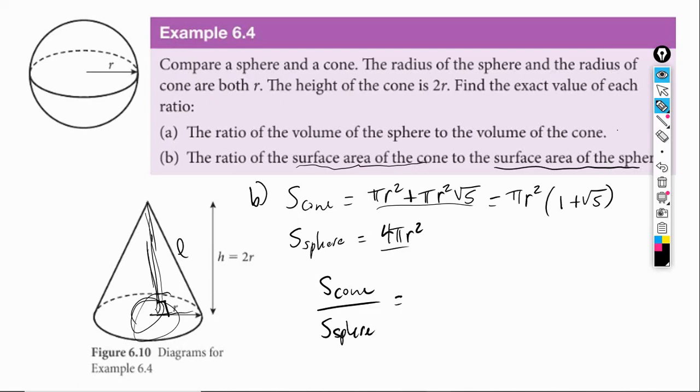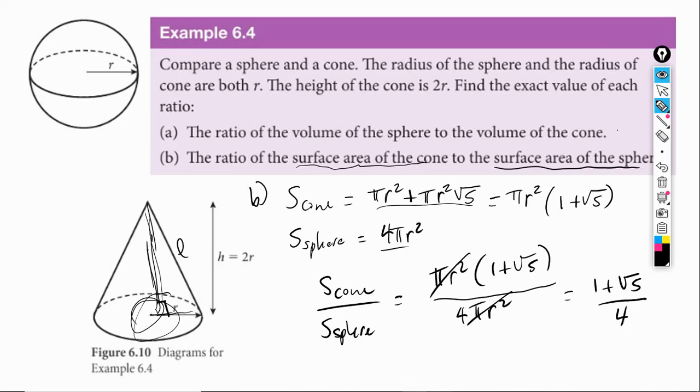And that is going to be pi r squared times 1 plus the square root of 5, and all of this over 4 pi r squared. So notice that this cancels out, and I'm left with 1 plus square root of 5 over 4 as the ratio of the surface area of the cone to the surface area of the sphere.